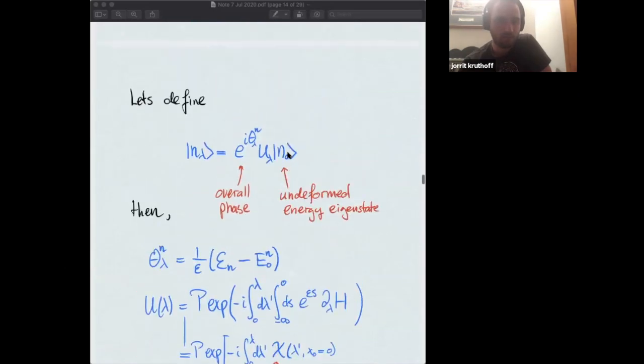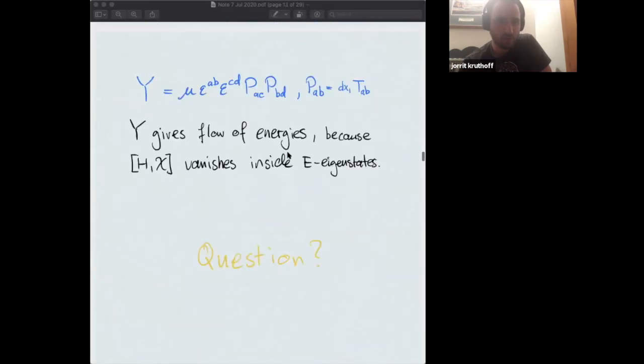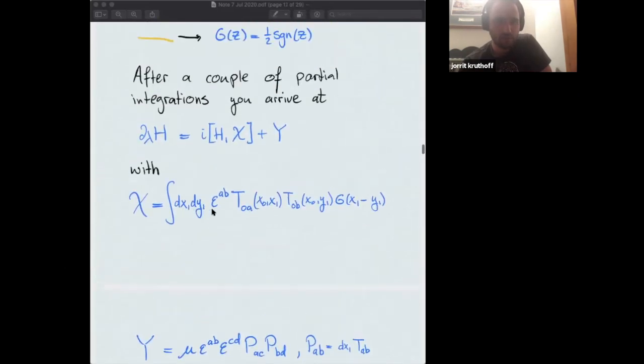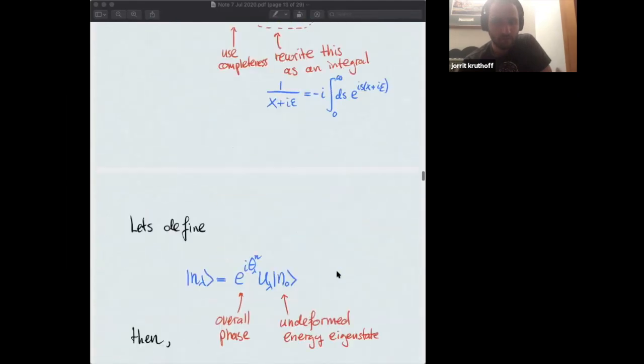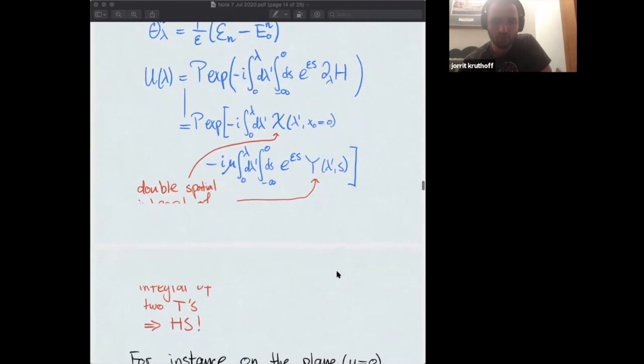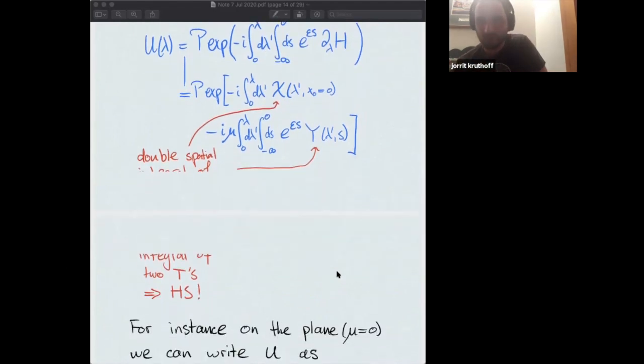And so as I wrote here, there's two spatial integrals and there's also two stress tensors. They're connected by this Green's function G. And the fact that it has two stress tensors in it screams at you that it's very preferable to do a Hubbard-Stratonovich transformation to decouple these two T's.